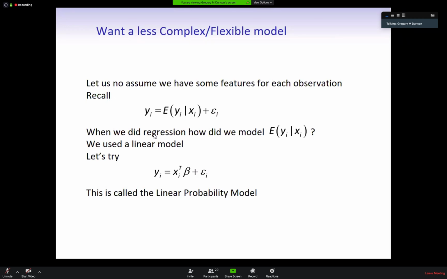Recall that if y is 0, 1, the expected value of y given x is the probability that y equals 1 given x.